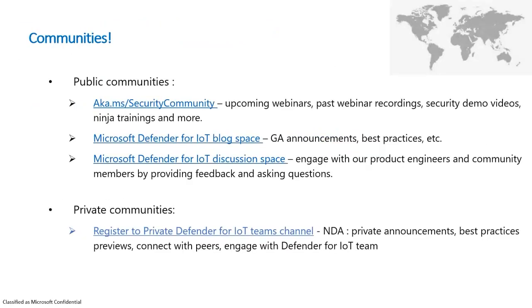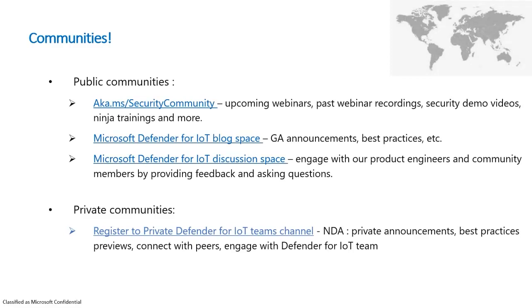I know Jason gave a very detailed update on how to stay involved via communities, but I'm just going to quickly summarize what he already said. We have public communities for customers and users to stay engaged with us, stay engaged with other customers and peers, and share their knowledge and their love for our product.